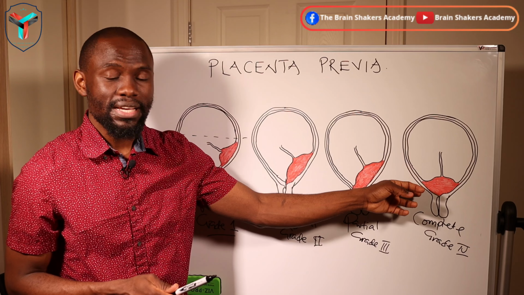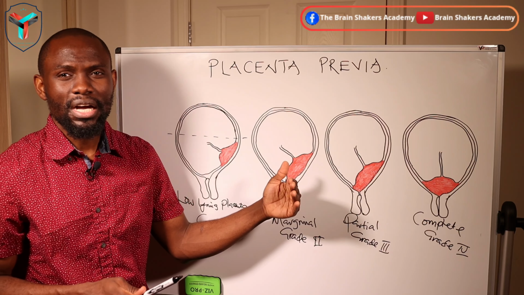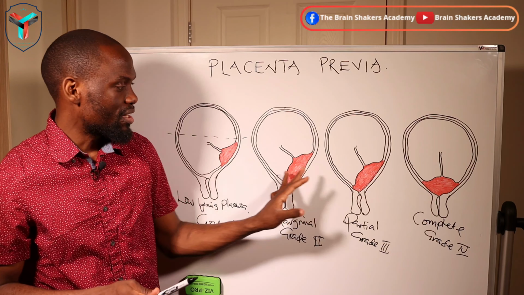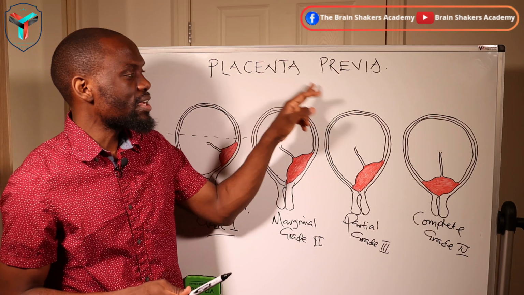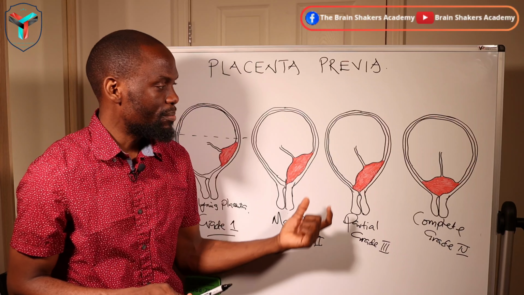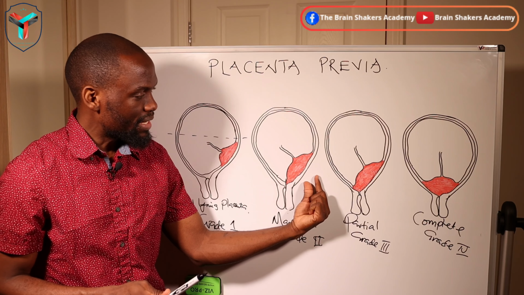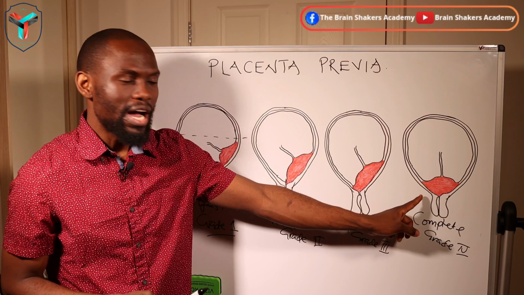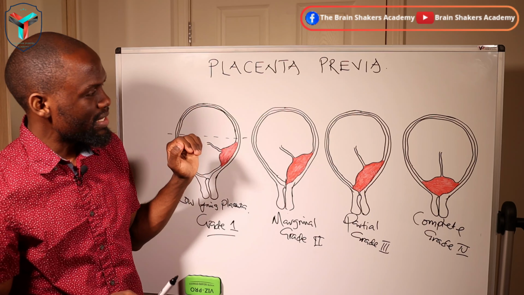As long as the placenta is in front of the baby's head, the baby is not coming out, because the placenta is attaching in the segment of the uterus that is poorly nourished, and the more nourished side is usually the upper part, and you want this baby to be able to grow and reach term. Once it is in the lower segment, the chances of a preterm birth are higher, depending on how much bleeding the woman presents with. So that is basically placenta previa.